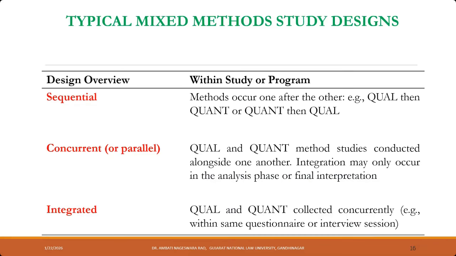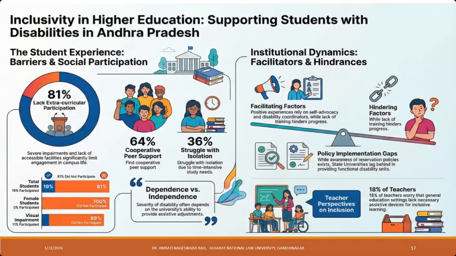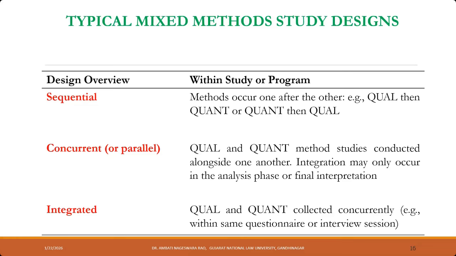Okay. Whereas when it comes to concurrent, qualitative and quantitative methods are studied together. For example, in this particular case, I collected data from students, from the university management, and from the peer group members at different times. Here the qualitative and quantitative studies were conducted alongside one another.